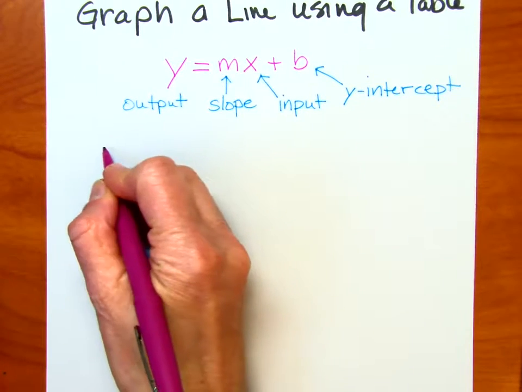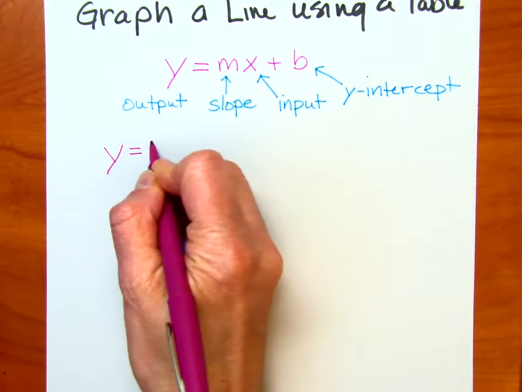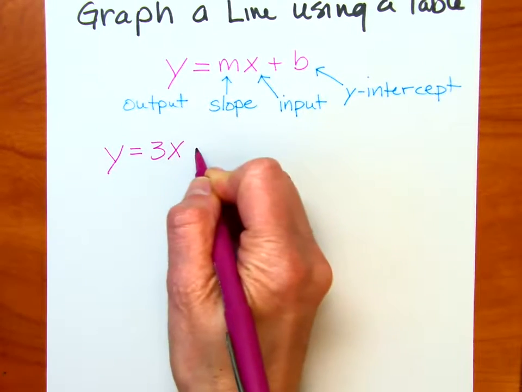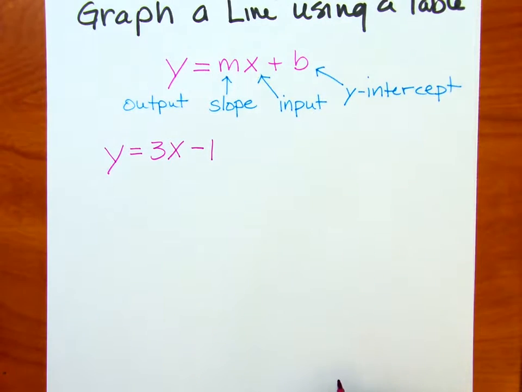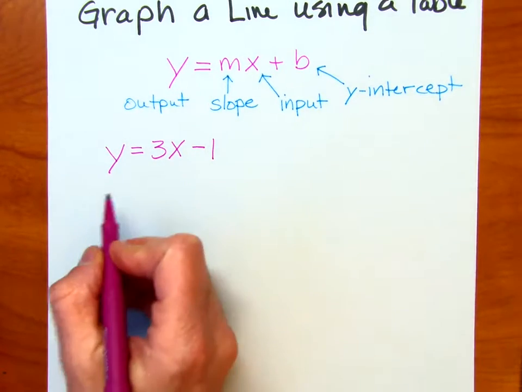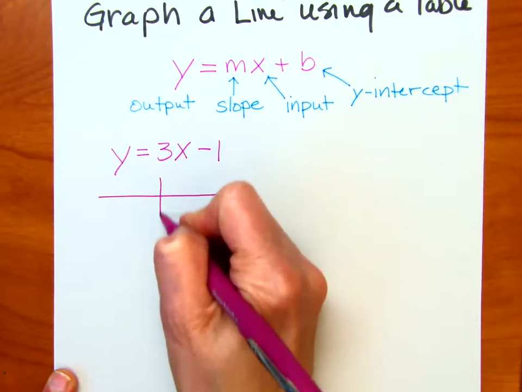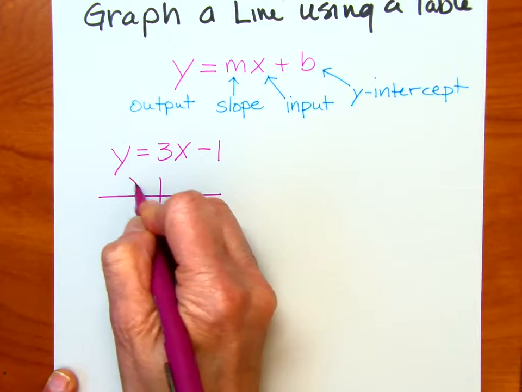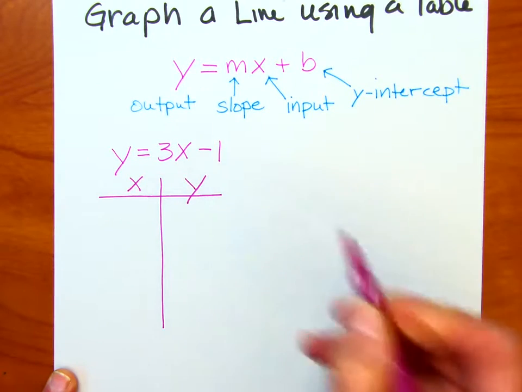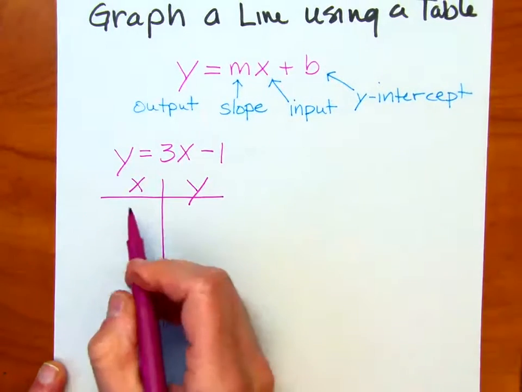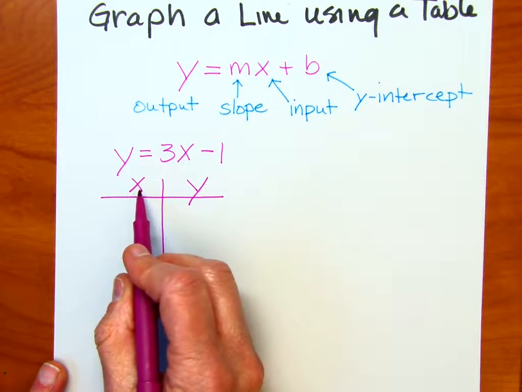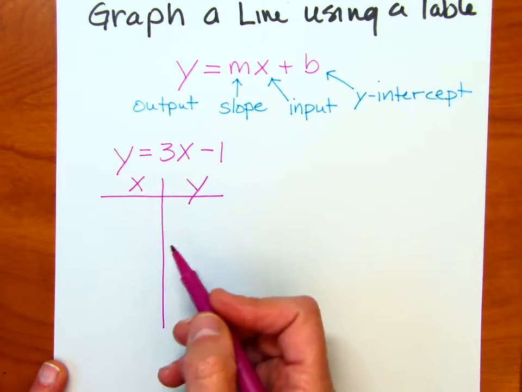Okay, let's go ahead and make a table using an equation, and I'm going to give you that equation. We're going to say that y equals 3 times a number minus 1. We're going to create a t-chart with an x column and a y column. Our x's are going to be numbers, and I'm going to give you the numbers.